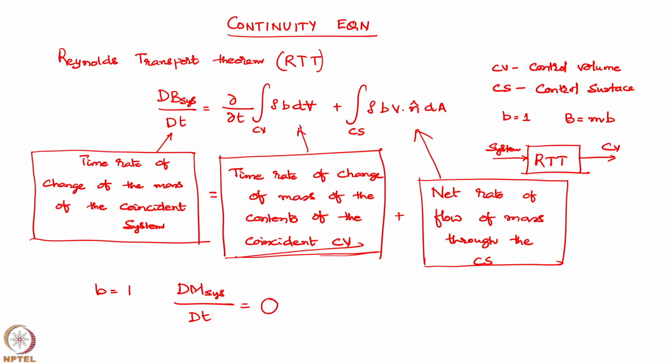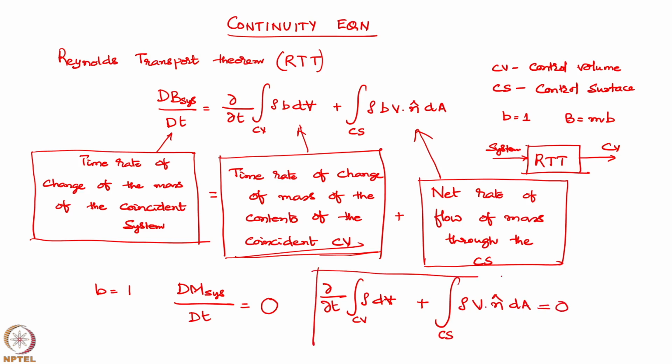So the above equation reduces to ∂/∂t of rho dV of the control volume plus rho v dot n dA of the control surface, where n is the normal vector normal to the control surface and v is the velocity vector, equal to 0.